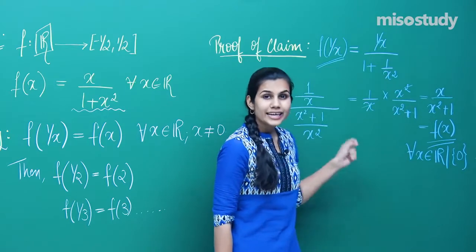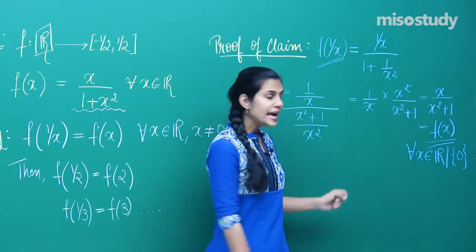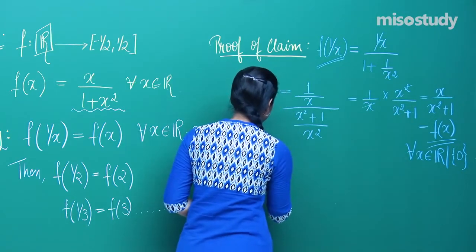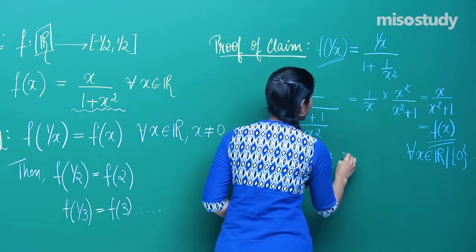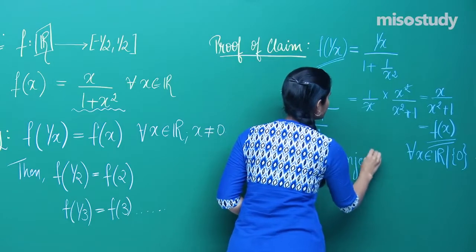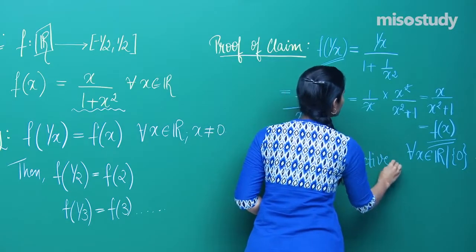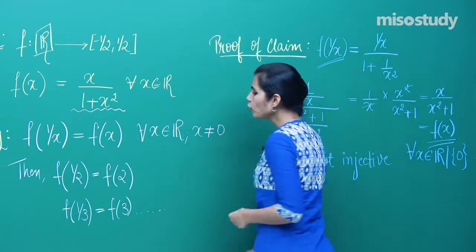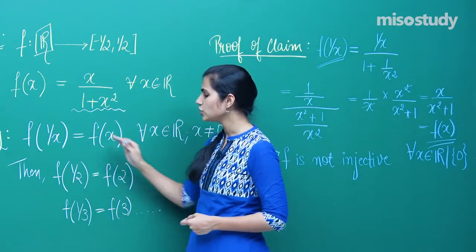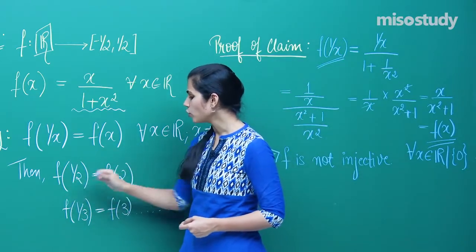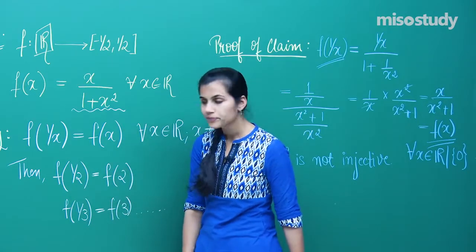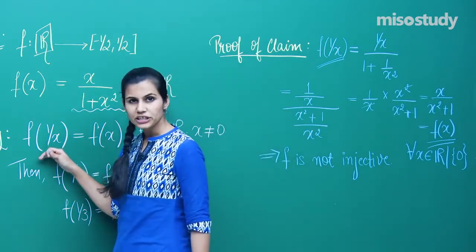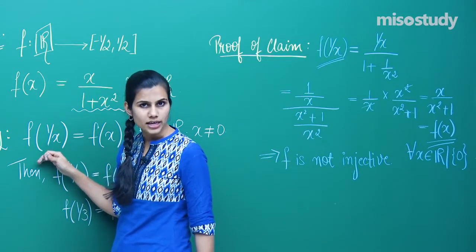And therefore, it is enough to declare that f is not injective, or not 1-1, because this claim's proof leads to the observation that distinct members of the domain are getting mapped to the same member of the codomain. And so, this particular method has actually worked out.